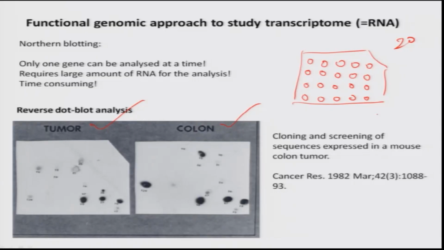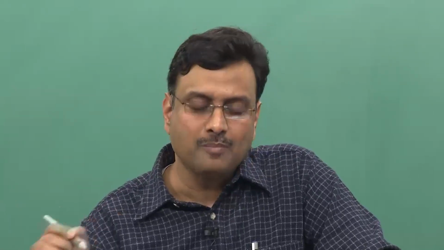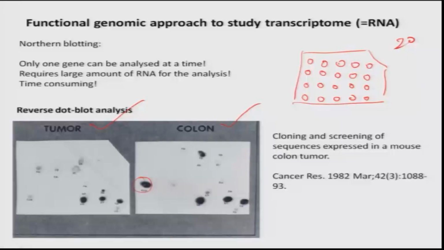It will tell me if a given gene is expressed in high amount, and therefore you would have more of that RNA, and that RNA being labeled, if I have copies of that particular cDNA present on the membrane, it will go and hybridize. If I put an X-ray film, I may get something like this. These are the dots representing a given gene whose expression level is very high in this particular tissue.